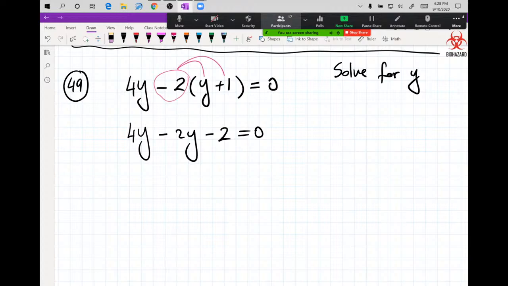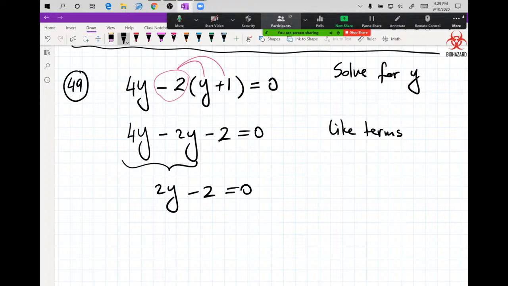Now what? Yes, we call that like terms. We can put the 4y on a pile. So 4y minus 2y becomes 2y. 4 apples minus 2 apples is 2 apples. And then add 2 to each side.